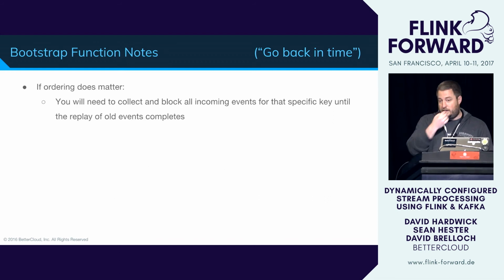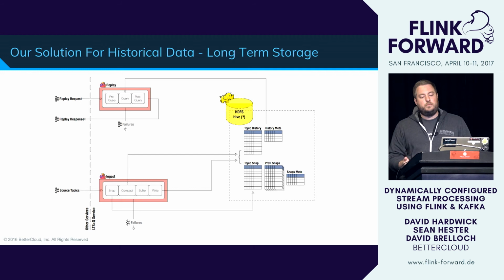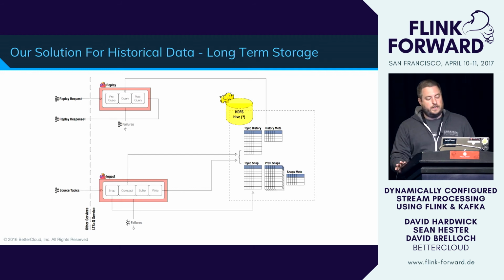If ordering does matter, it gets a little bit more complicated. You're going to need to collect all of the events that come in after the bootstrap request, process all the bootstrap messages, and then process the live stream to catch it all up. So this is what our solution looks like for handling this historical data. We've got two Flink jobs. One of them is an ingest system that just puts everything in Hive, so it's queryable.